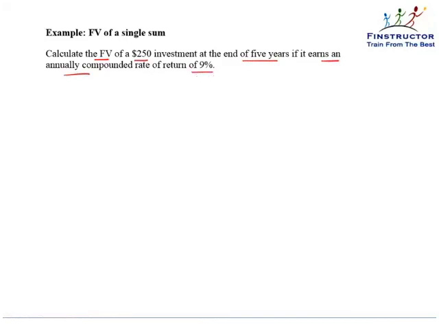So remember, with any question on time value of money or any question involving FV and PV, the first thing to do is to draw a timeline that depicts your cash flows. So in this case, we see that at t equal to 0, we have $250, and we are asked what will be the value of this amount at the end of t equal to 5.